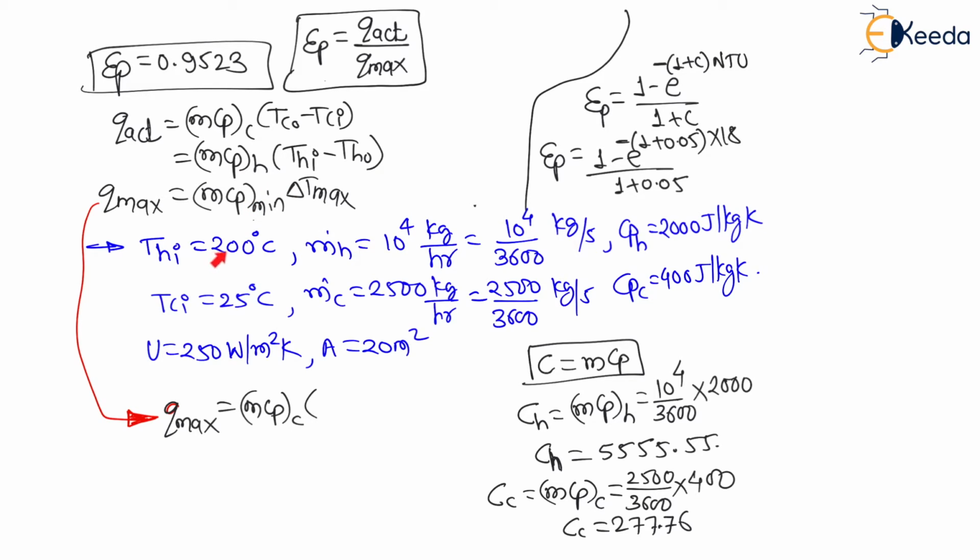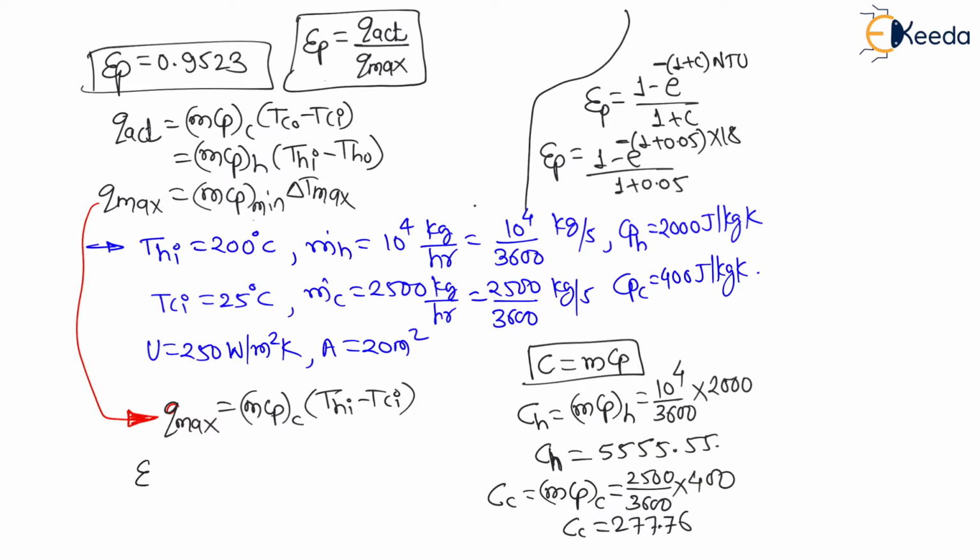The maximum temperature in the cycle is THI and the minimum temperature is TCI. Therefore, it is THI minus TCI. This will be the maximum temperature difference in the heat exchanger.